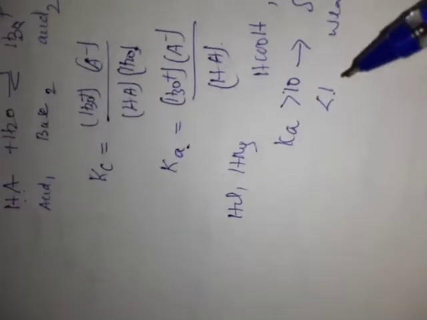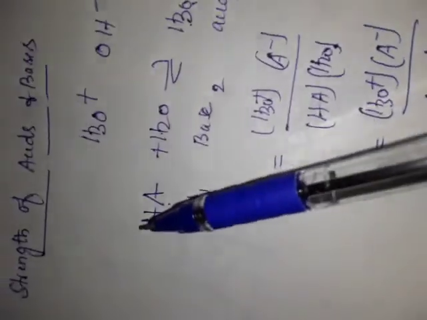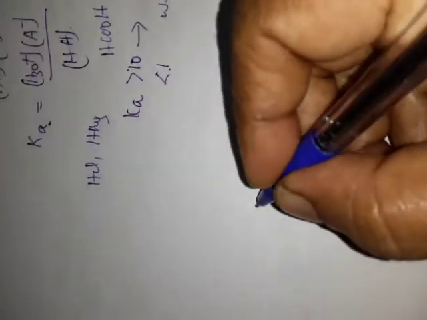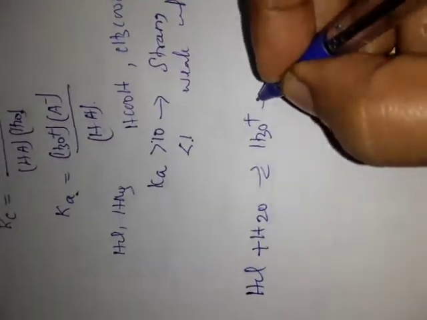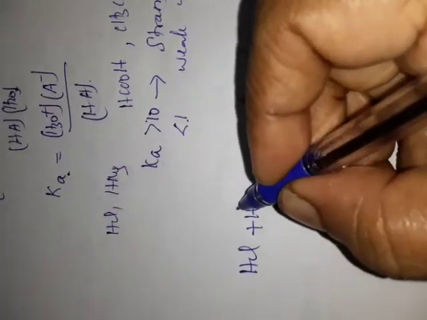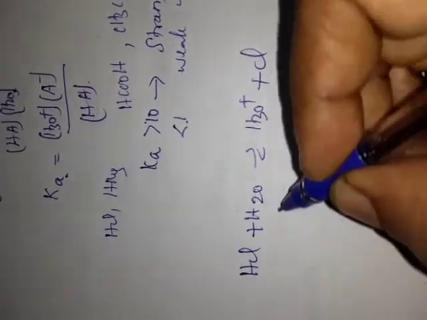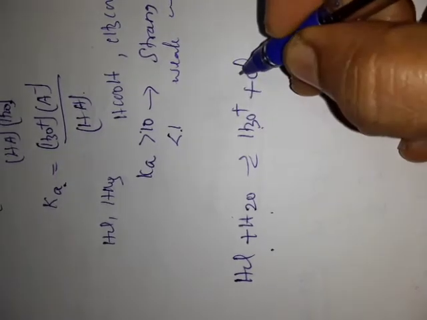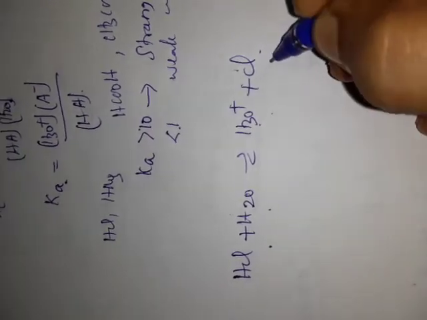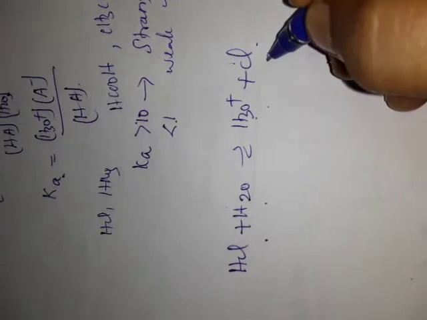As per the example we have learned, take the acid HCl plus water giving H3O+ and Cl-. Here HCl is the proton donor, the acid, and water is the proton acceptor, the base.